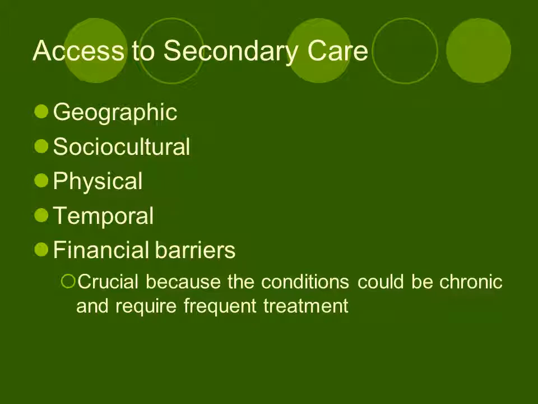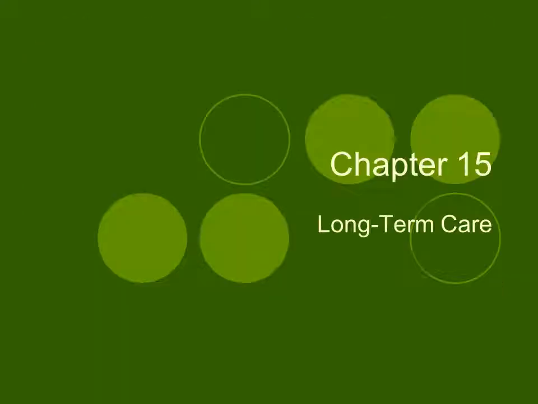Who do you think will have the most visits to the doctor's office? Right, the one that doesn't have the insurance are usually the ones that tend to want to utilize the physician services more. So that is an example of geographical. Of course, we know financial barriers is always going to be that number one hot topic, which is health insurance.